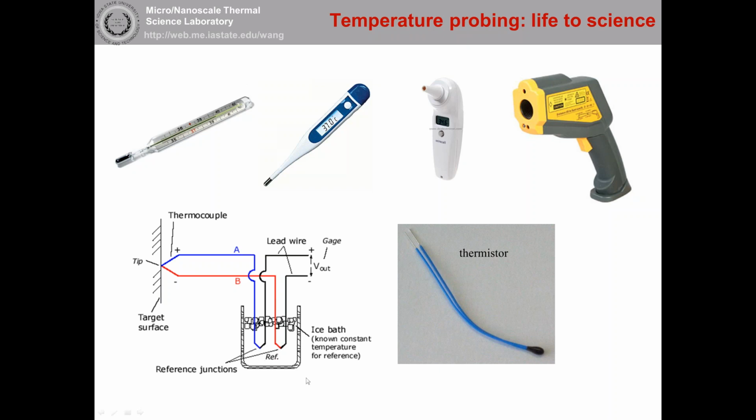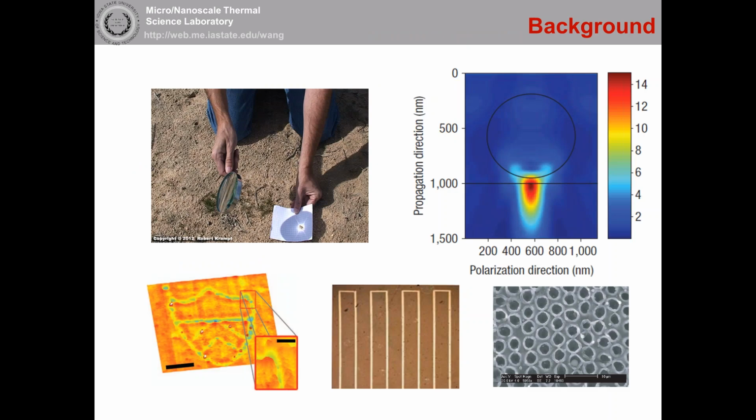It's really difficult. And every time you try to attach the thermocouple to the surface you want to measure, you introduce interruption. So you are not measuring the real temperature. You give some interference.